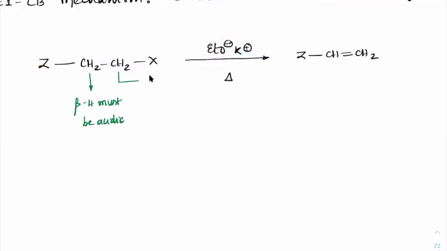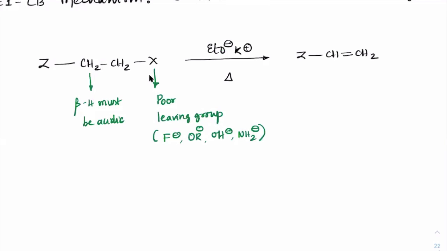And at the same time, this X which is leaving should be a poor leaving group. Poor leaving groups are those which are strong conjugate bases, for example F minus, OR minus, OH minus, NH2 minus. They don't leave very easily, right?